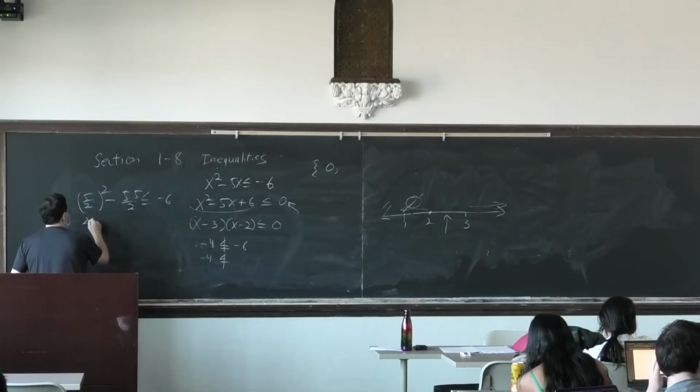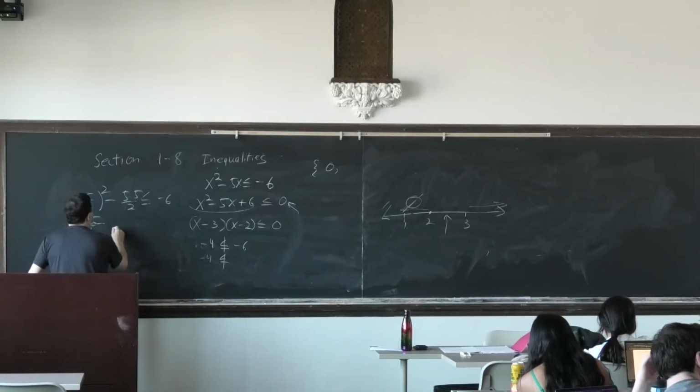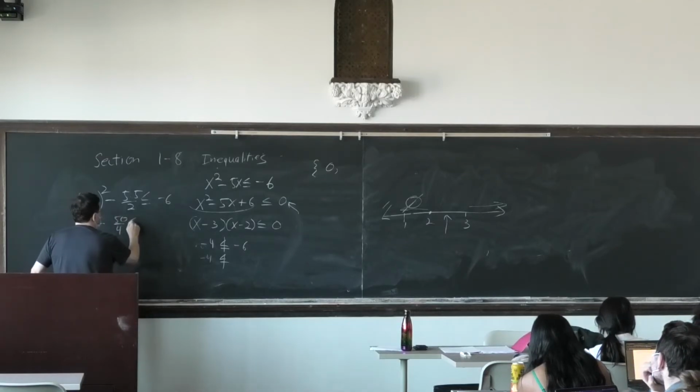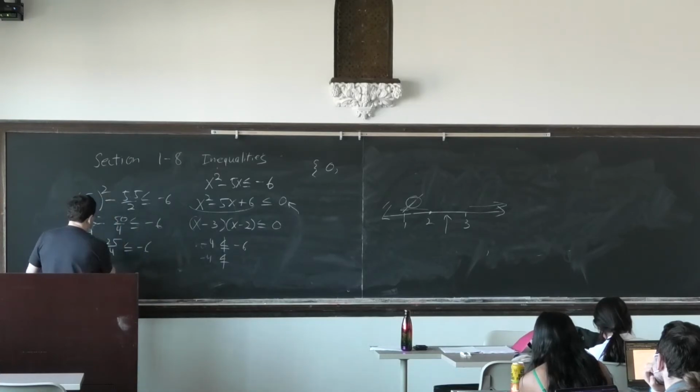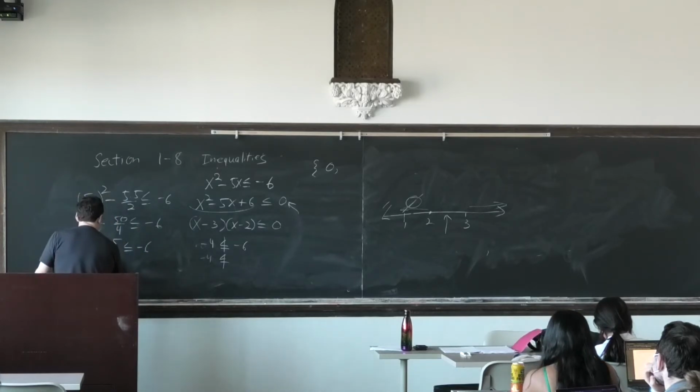So 25 over 4 minus 50 over 4 is about minus 6.25.